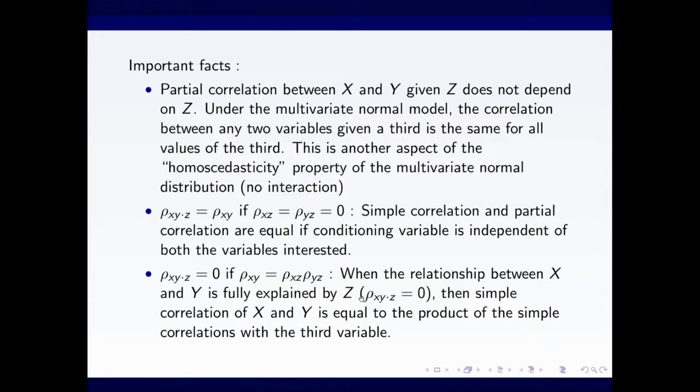So when rho xy dot z, the partial correlation, is equal to 0, the simple correlation of x and y is equal to the product of the simple correlations with the third variable.